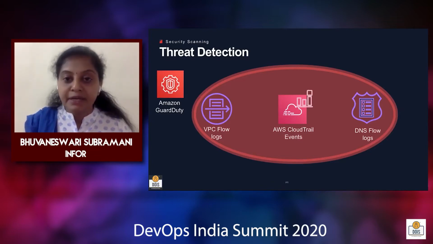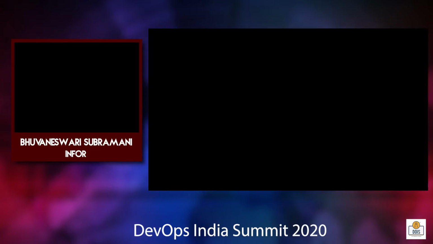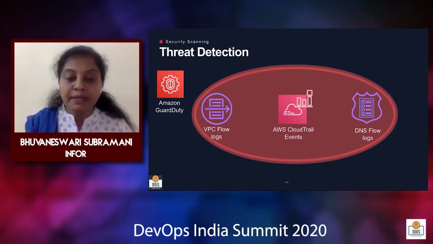Vulnerability assessment using Amazon Inspector. Now let's look into how threat detection can be done. We're going to use Amazon GuardDuty for threat detection. So how does this work basically? GuardDuty continuously monitors the VPC flow logs, AWS CloudTrail events, and DNS flow logs for the threat detection.